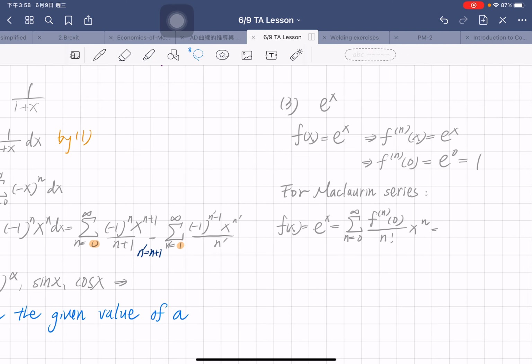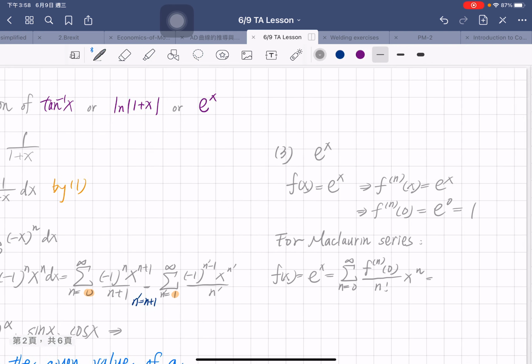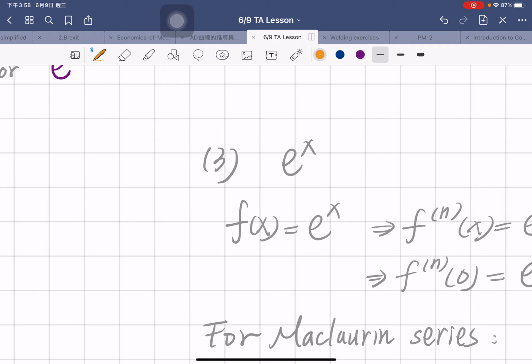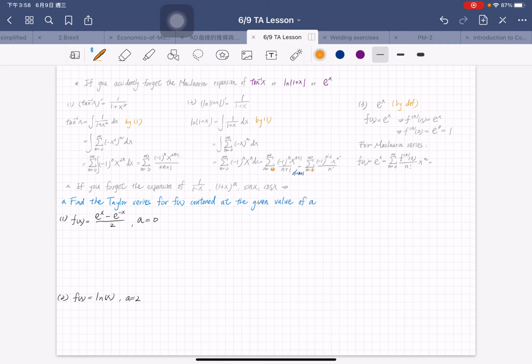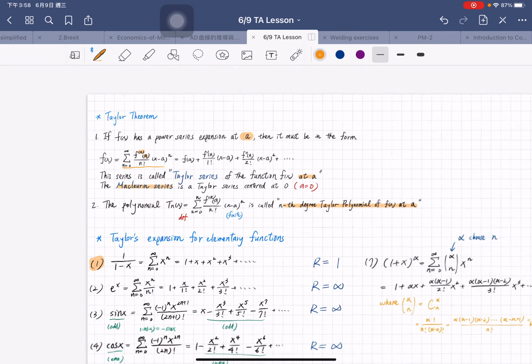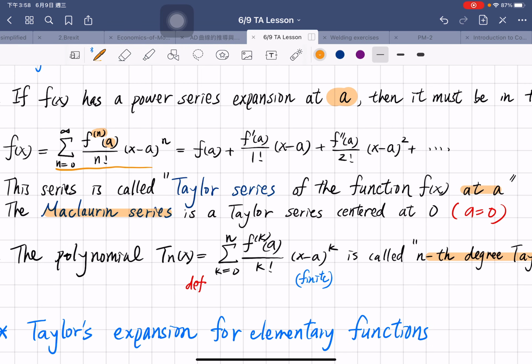Okay, so the third one will be the exponential with the x power, so our f of x will be e to the x. For this situation, we start from the definition, okay? We see the definition here, right? So it will be f with n-th derivative, and you plug in a. Now we are in the Maclaurin series, so a will be 0, so you plug in 0.